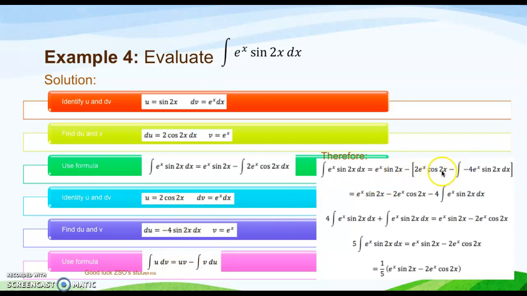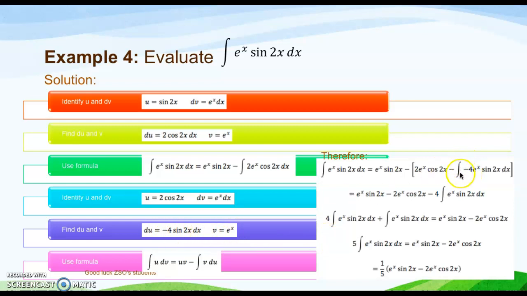So 2 e^x cos 2x minus the integral of negative 4 e^x sin 2x dx. From where? Here, negative 4 sin 2x. So v du: v is e^x, du is negative 4 sin 2x dx. So you just multiply and combine.